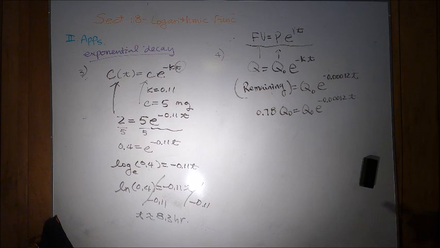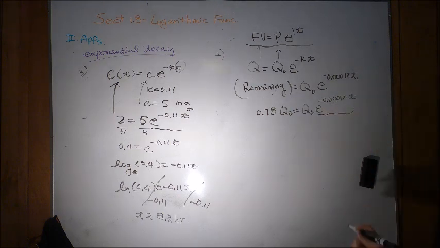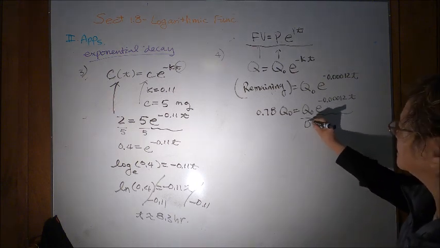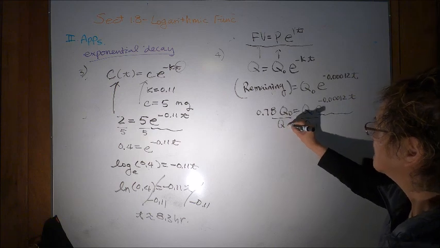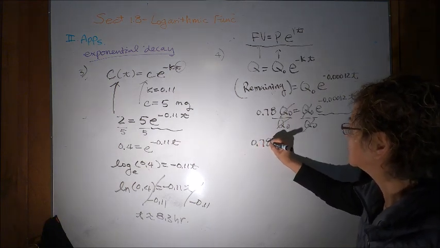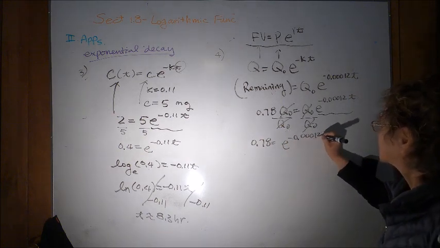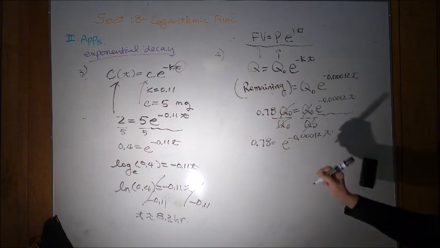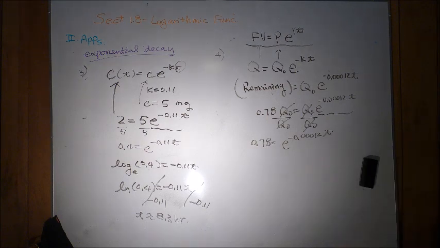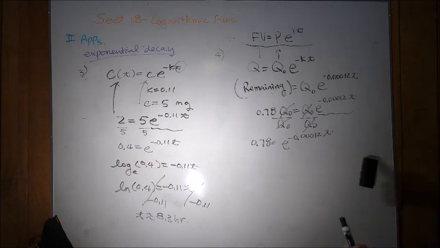How do we solve the exponential equation? We have to get the exponential thing by itself. Get rid of Q sub 0, so we divide by the initial quantity. So we have 0.78 equals e to the some exponential thing. How do we solve this? For an exponential equation, if we cannot make the bases the same, then we change it to the log.